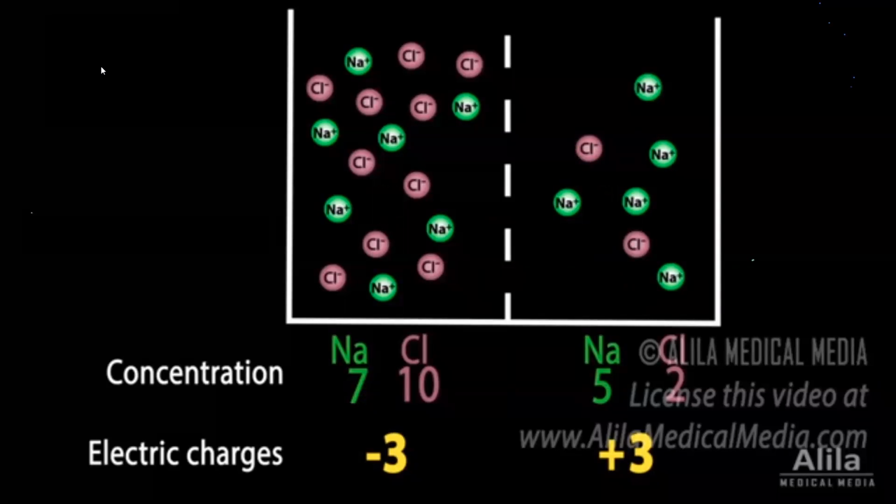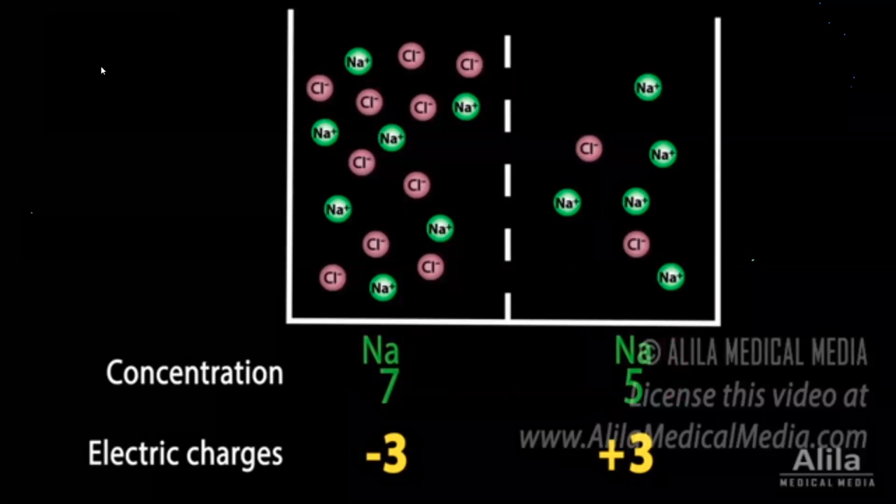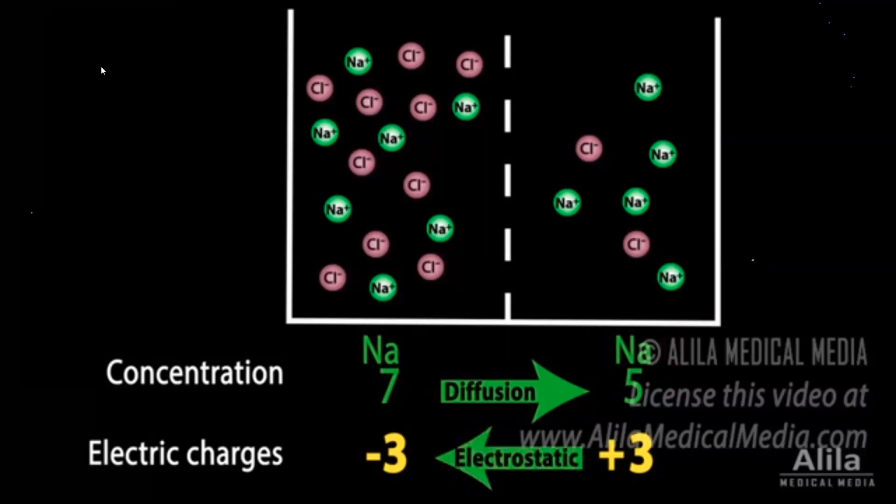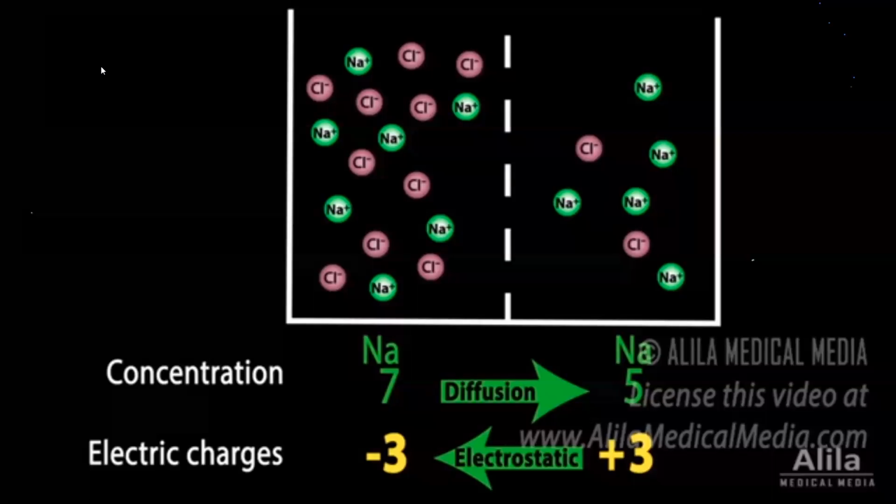Since opposite charges attract and like charges repel, positive sodium ions are now under the influence of 2 forces. Diffusion force drives them in one direction, while electrostatic force drives them in the opposite direction. The equilibrium is reached when these 2 forces completely counteract, at which point the net movement of sodium is 0.